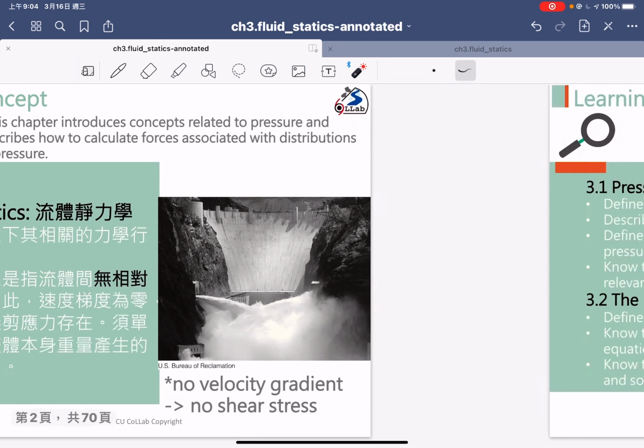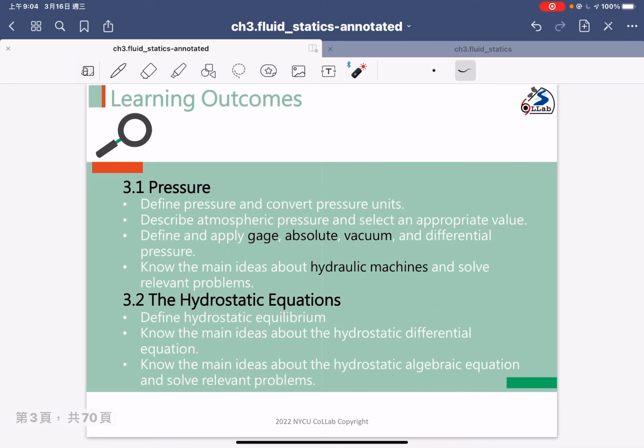Okay? So the outcomes showing here, the first one, we would like to introduce the pressures and some important units that I show: the gauge, absolute, and the vacuum. So I will introduce what the meanings of gauge, absolute, and vacuum are.